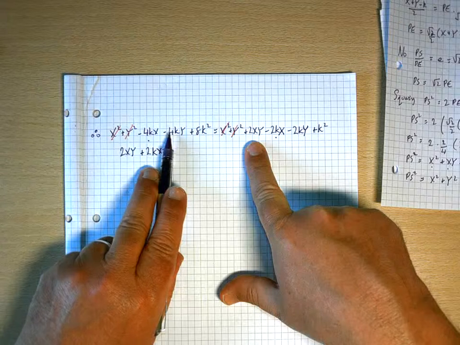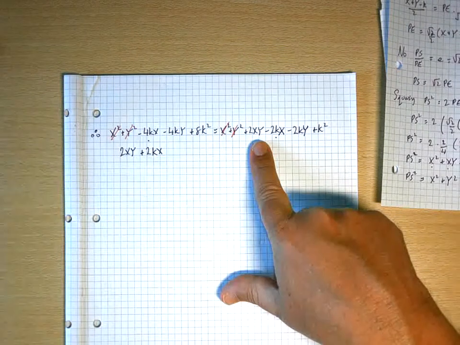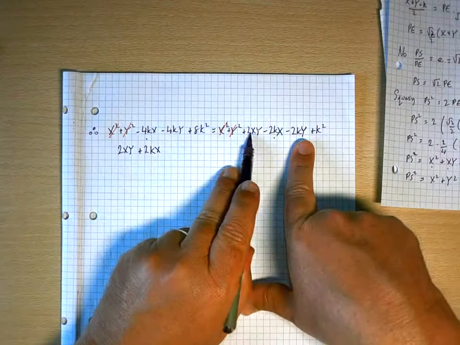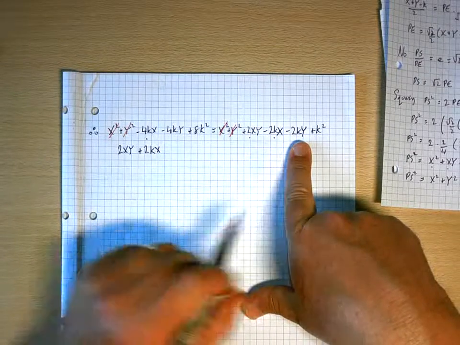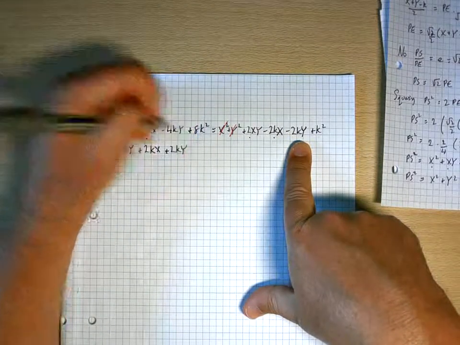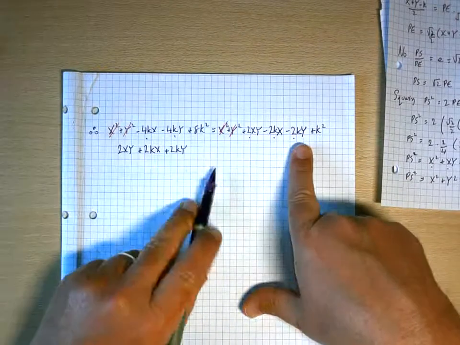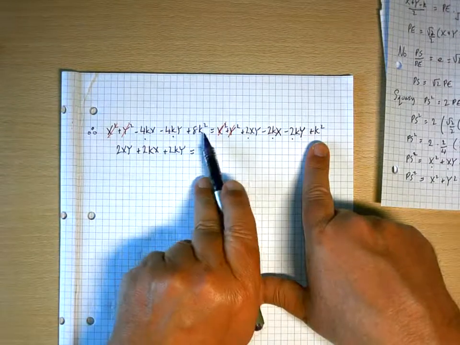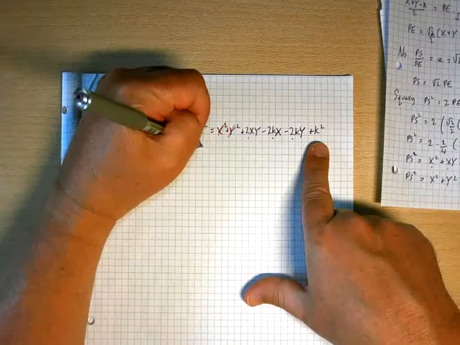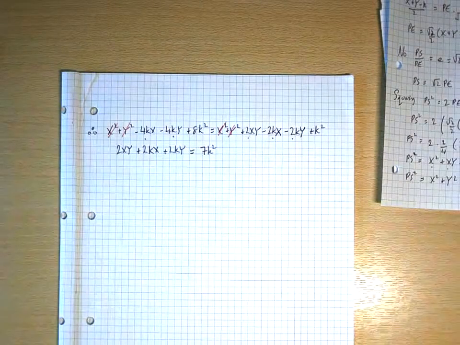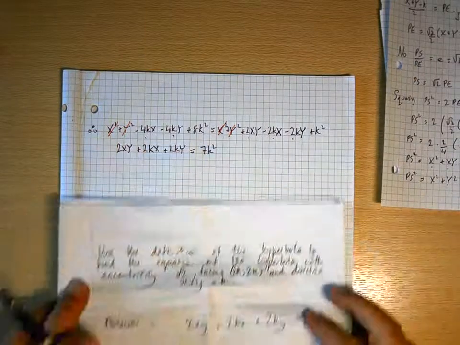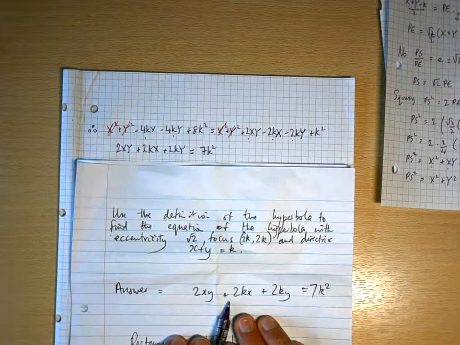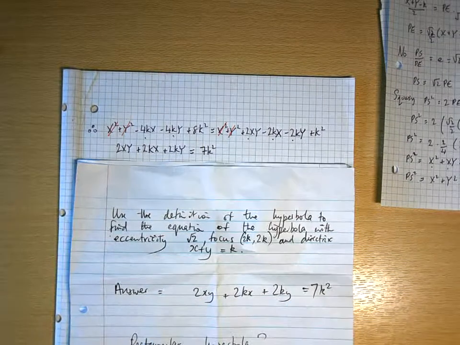When I bring that one over, it's a 4ky. Sorry, it's not the ky, that's the kxy. So I got the 4ky, take 2ky is plus 2ky. And then to get the same as the answer, I'll bring the k squared from there over there. I have 8k squared, take away 1k squared, which is 7k squared, which when we have a look at what the answer was in the book, 2xy plus 2kx plus 2ky equals 7k squared.